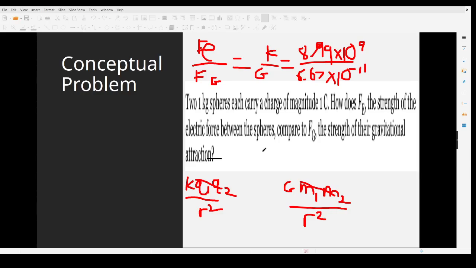So this ratio is going to be 1.34 times 10 to the 20.